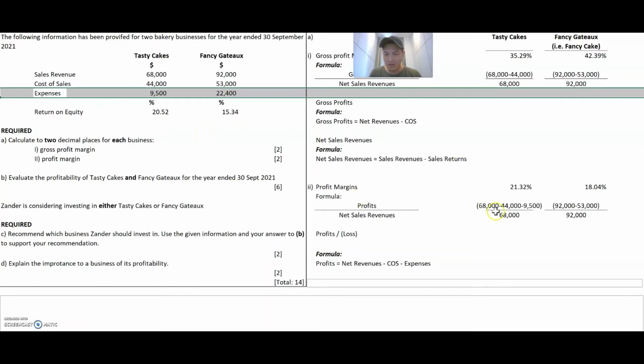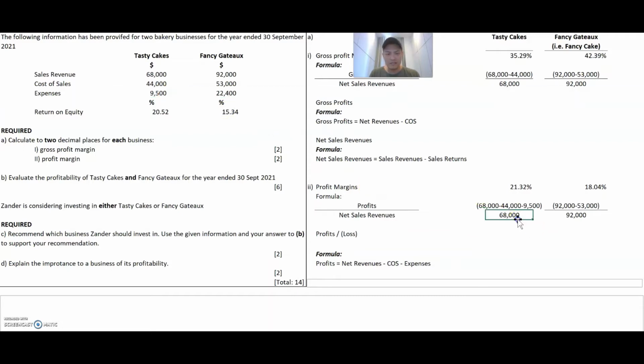So in my formula here, you take 68 minus 44 minus 9,500 and divided by 68 for Tasty Cakes, and similarly for Fancy Gâteau, I got to add in 22,400 here, and this is your formula. Let's see whether I did it in here. So these are the two margins, percentages, and that's it, 4 marks for you.